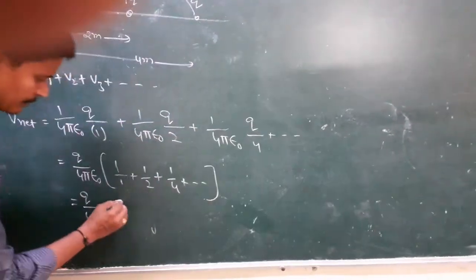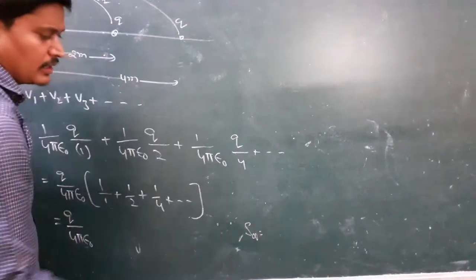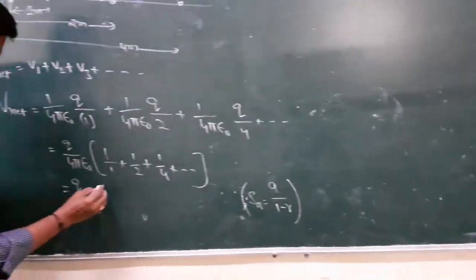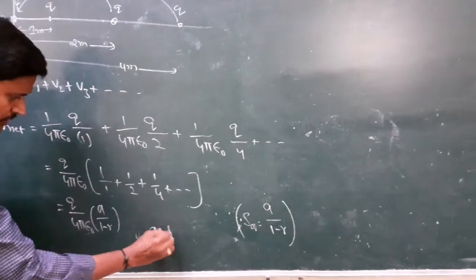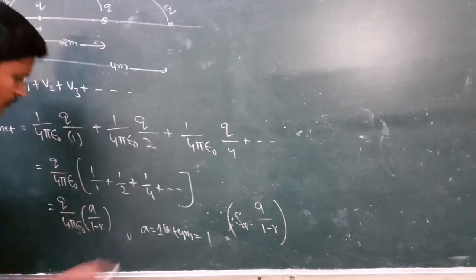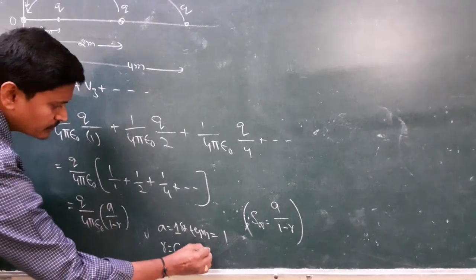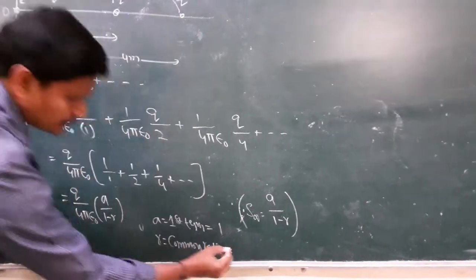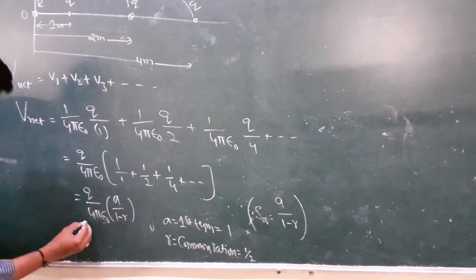Actually it is in the form of a geometrical progression, GP. The formula for the sum to infinity is a by 1 minus r, where a is the first term, that is equal to 1, and r is the common ratio, that is equal to 1 by 2. 1 by 2 by 1, 1 by 4 by 1 by 2, like this way you get the same result.